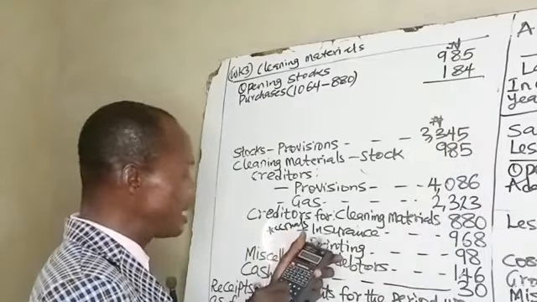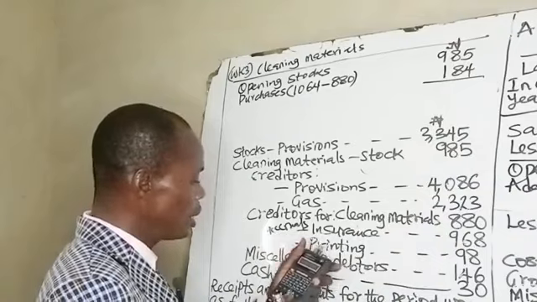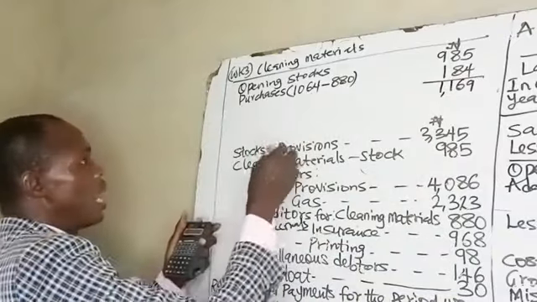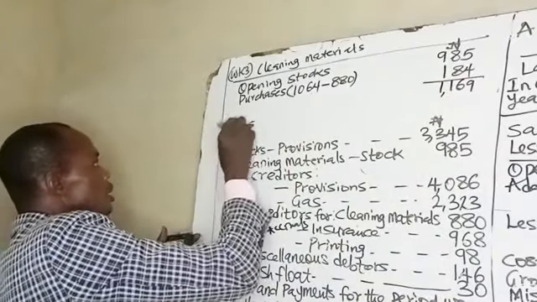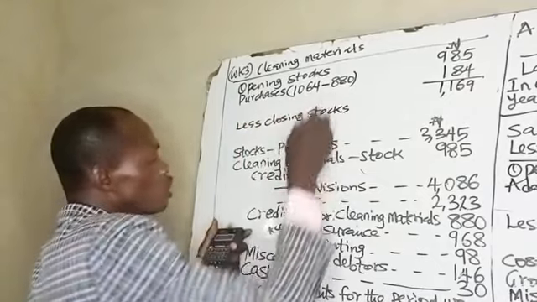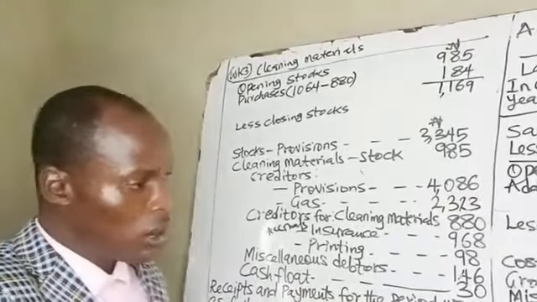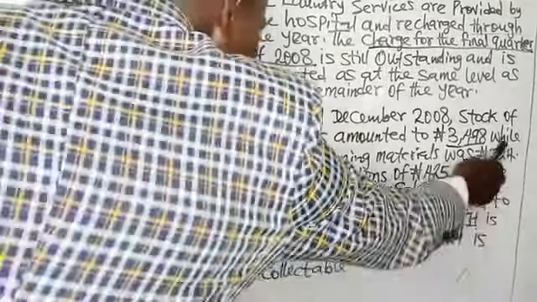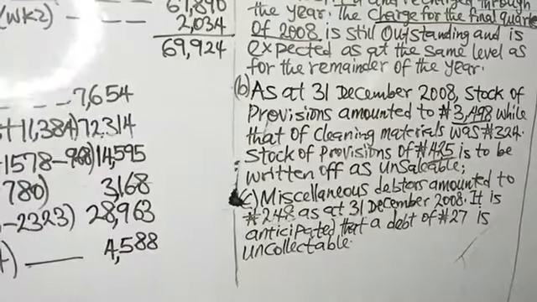184 plus 985. Then you have 1,169. From this, you less the closing stock. Back to the note. As at December 2008, stocks of provisions amounted to 349, while that of cleaning materials was 324. That is the stock of cleaning materials, closing stock, 324.